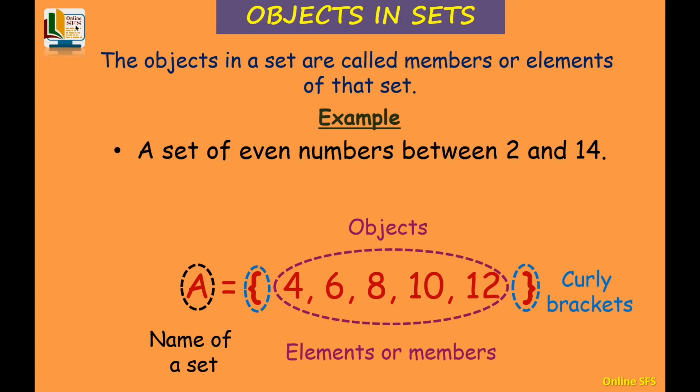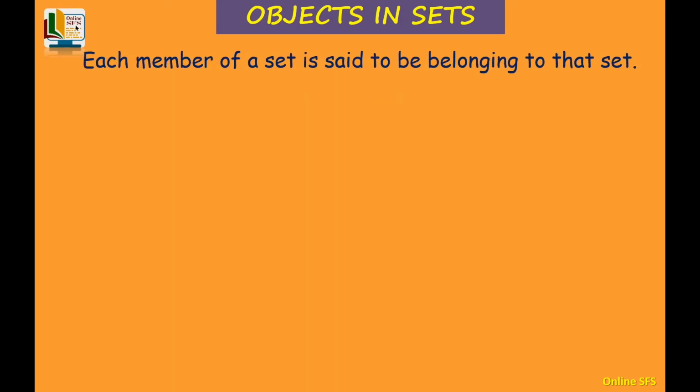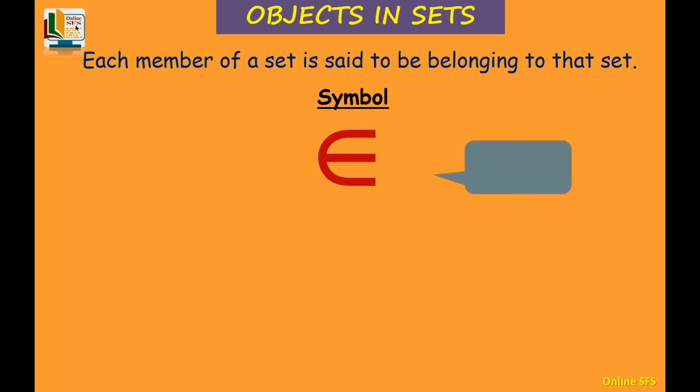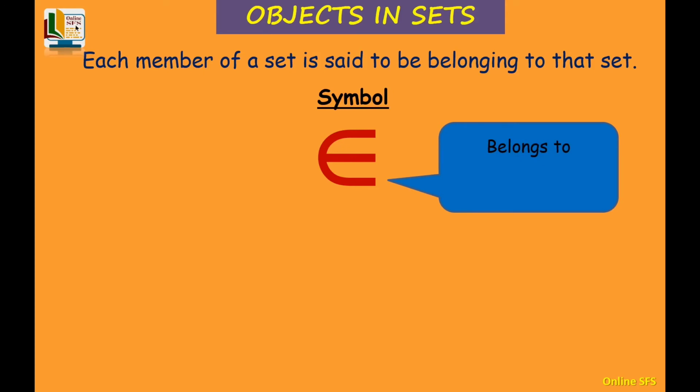Now each member of a set is said to be belonging to that set, and the symbol that we use to show that an object is a member of a particular set looks like an E, and it means belongs to, or is an element of, or is a member of.